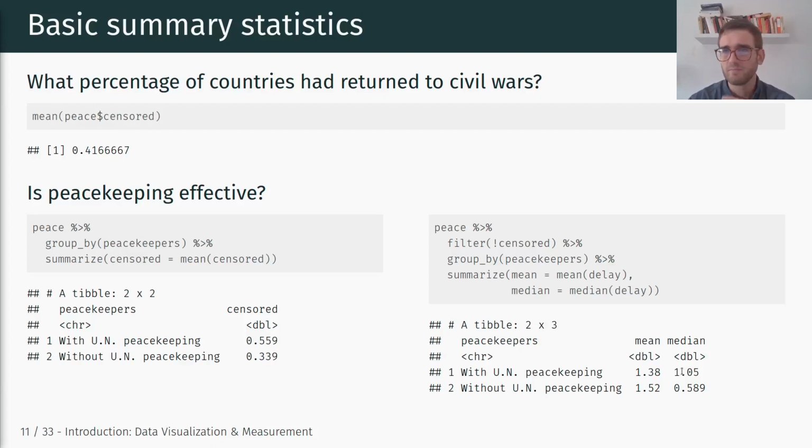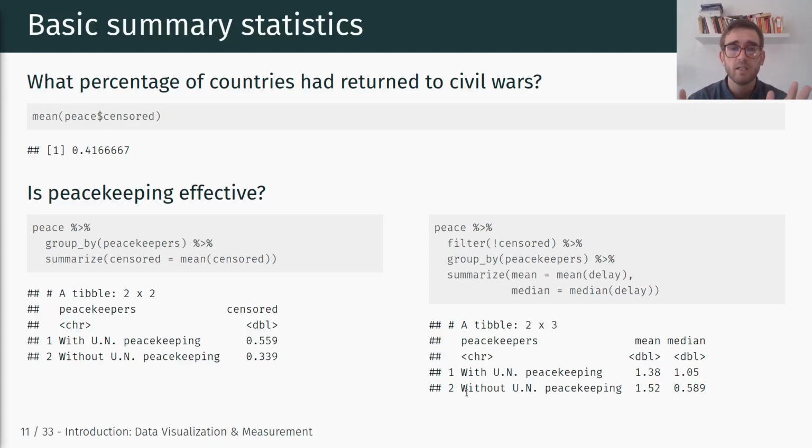So it was slightly more than a year median, and without peacekeeping missions it was 0.58, so a little bit more than half a year. Okay, the average length is a little bit reversed. We see a longer average length without UN peacekeeping.